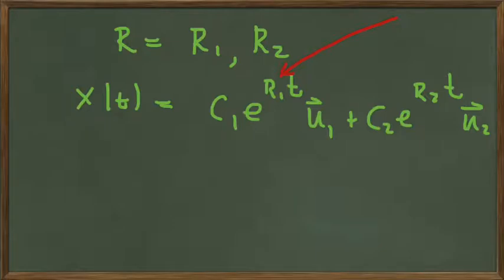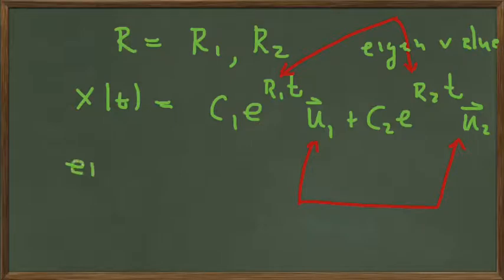The r1 and the r2 that we find from the characteristic equation are called the eigenvalues, E-I-G-E-N. And these vectors u1 and u2, which we'll need to find, take a little bit more work than finding the characteristic roots r1 and r2.